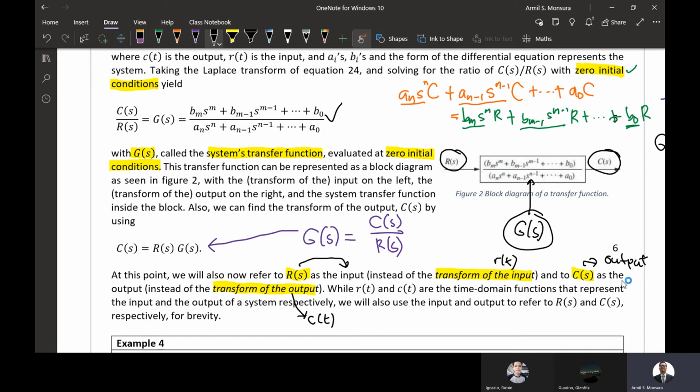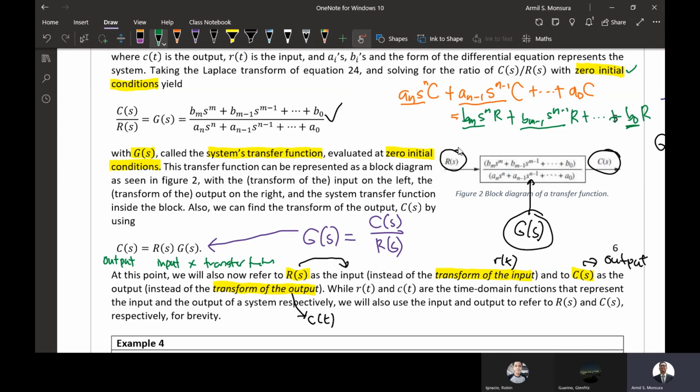So, ngayon, kung mapapansin nyo dito sa product na to, sa equation 6 ninyo, na natabunan ko na, the output is actually the product of the input and the transfer function. Yan yung mapapansin nyo dun sa system niyo. At yan ay kung titingnan nyo sa block diagram, mas lalong magiging obvious yung separation niya.